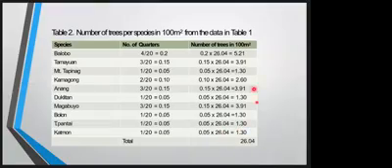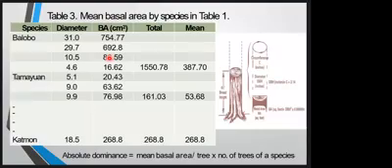Sa number of trees, I mean in 100 square meter, 26.04 square meter ana having this type of mga species, having the presence of this type of species. So that indicates the presence of species in that area. So now let's move on to mean basal area by species in table 1.